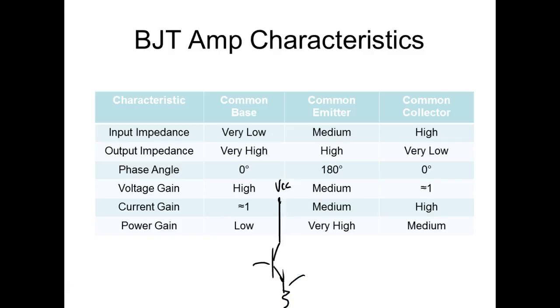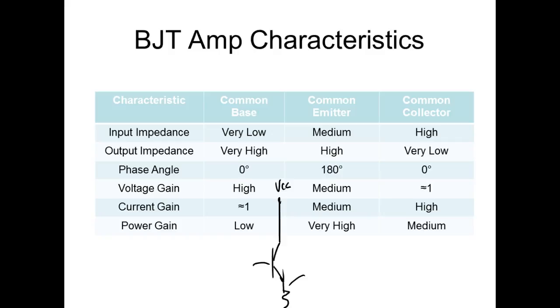Because the collector is surely not common to the DC, right? But it's common to the AC. So when we talk about common, it's what the signal is common to. Not your DC power supply, it's what that AC signal flying through there is common to.